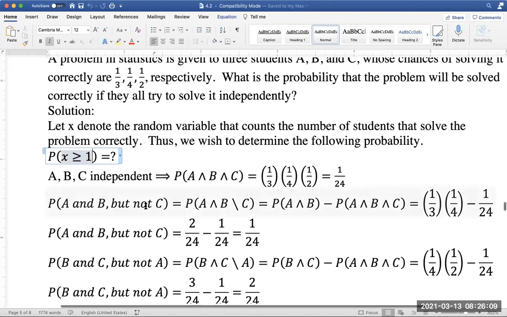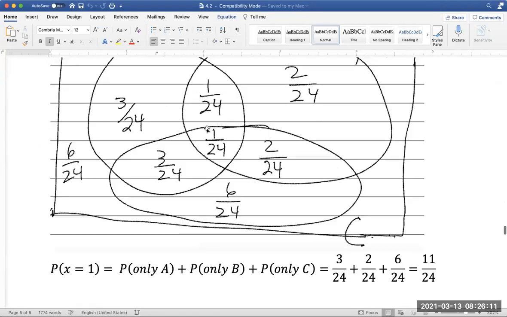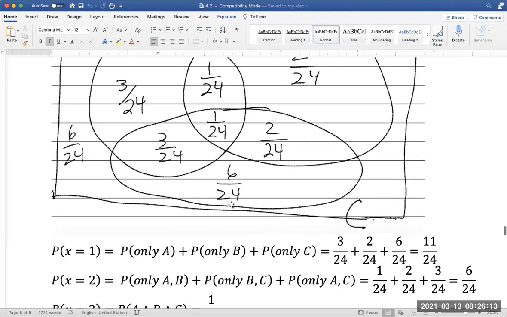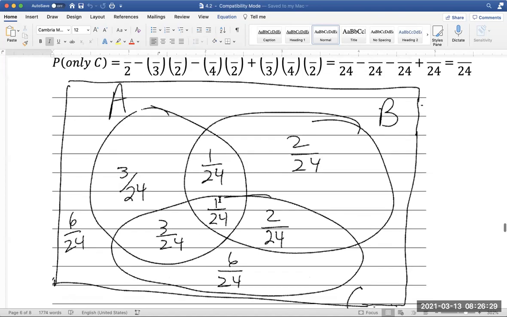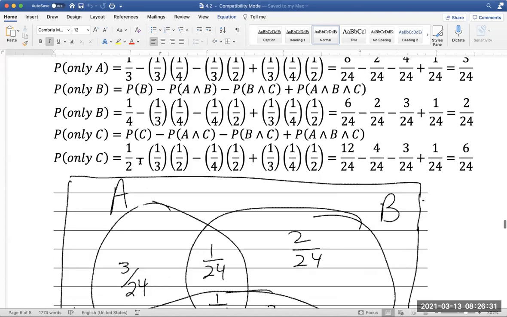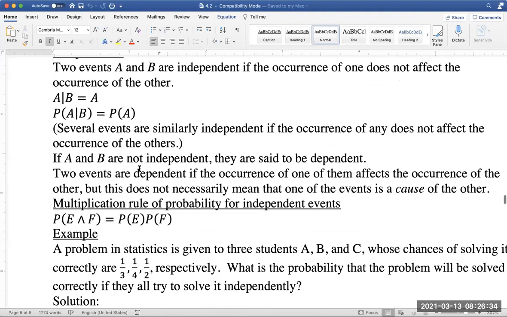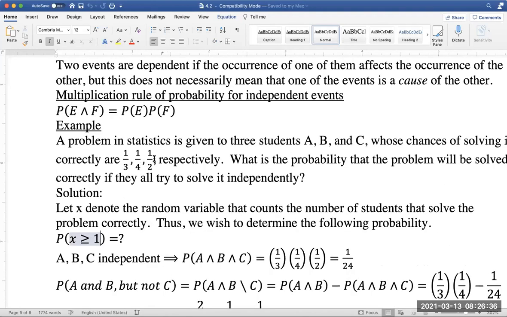Let's figure out each of these probabilities, going from the innermost and then outwards. The probability that A solves it is 1 out of 3. The probability that B solves it is 1 out of 4. The probability that C solves it is 1 out of 2.